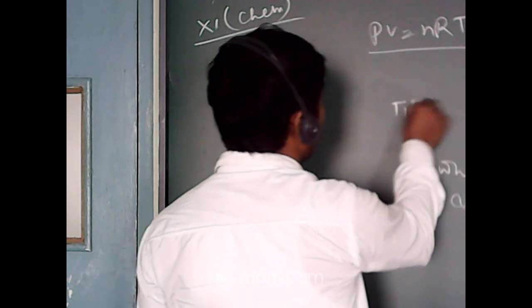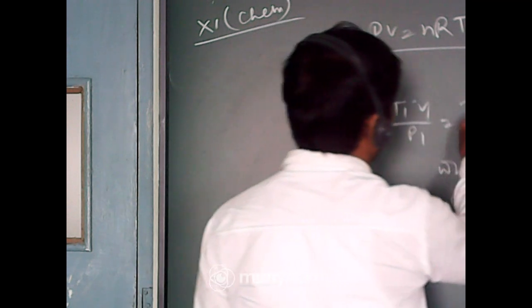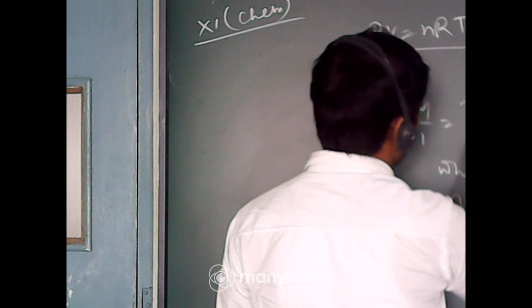So from there, T1 V1 by P1 equals T2 V2 by P2.